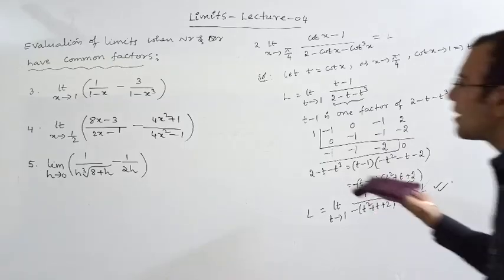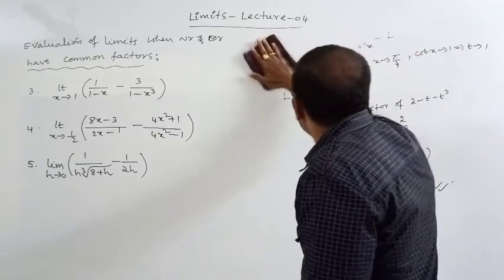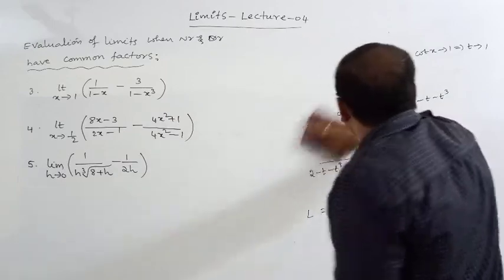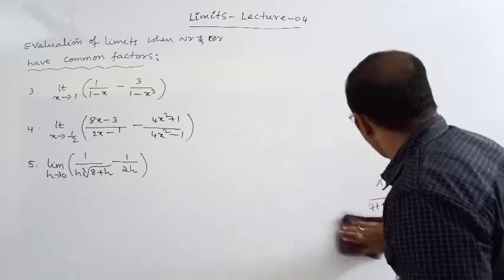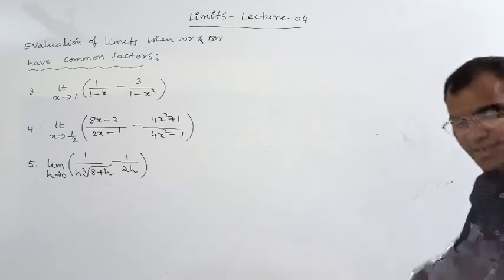So we are under a little heat because brain is heating. So we have to be careful when evaluating limits.